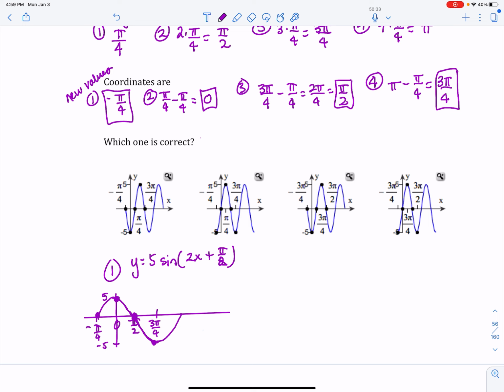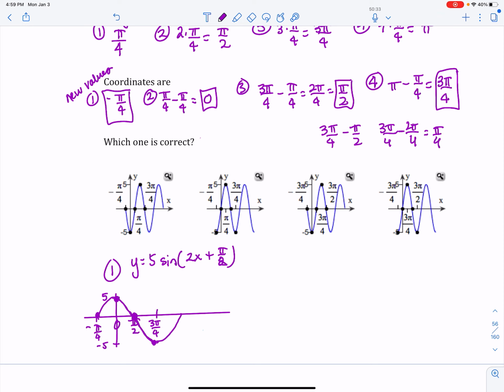So to figure that out, you can check the difference between values, but if you notice the value change is going to be, and you can find this by taking 3 pi over 4 minus pi over 2. So I'm just changing this to these values, and it's pi over 4.